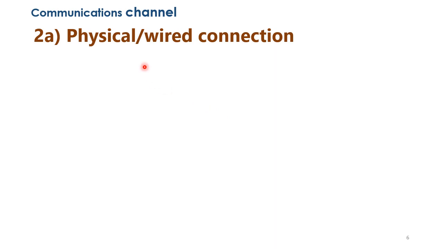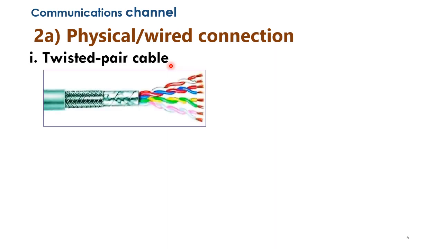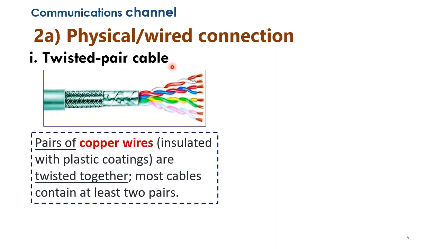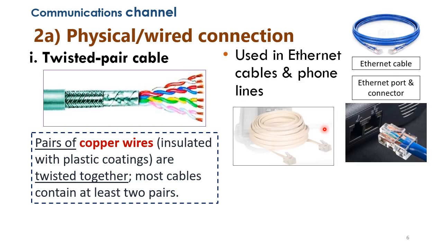Now let us look at physical or wired communication channels. Wired communications require a physical connection and are more common with desktop computers. The first example of a wired channel is twisted pair. Twisted pair cable consists of pairs of copper wire that are twisted together. You can see in this picture here. For your information, both standard telephone lines and Ethernet cables use twisted pair.